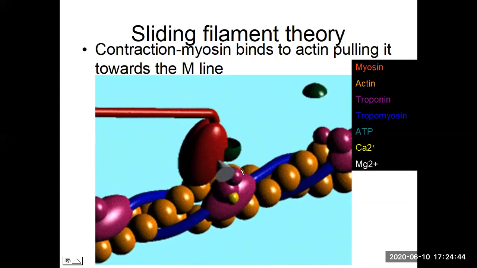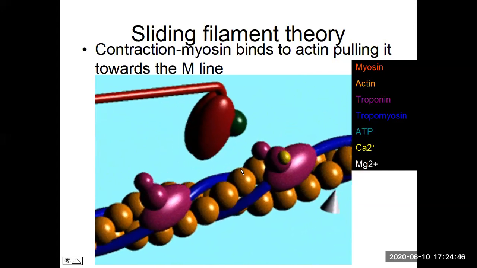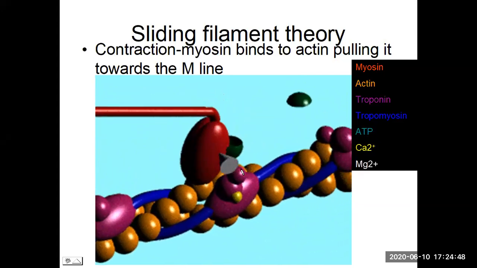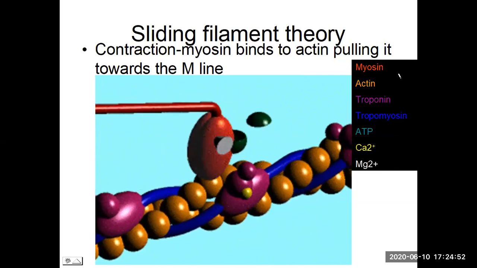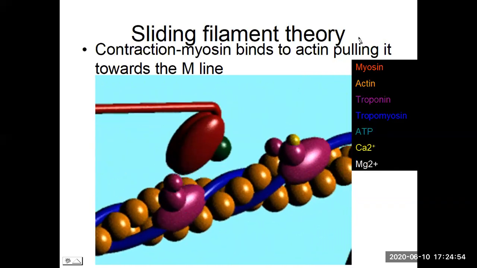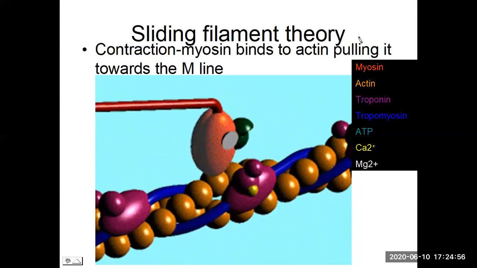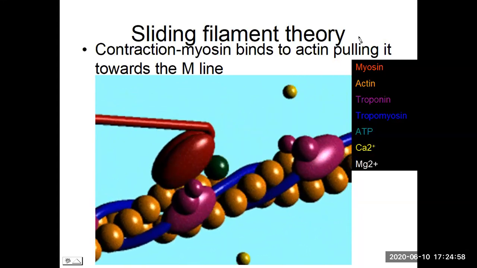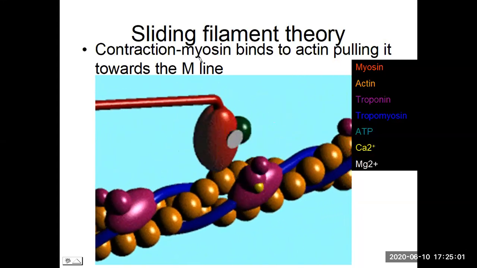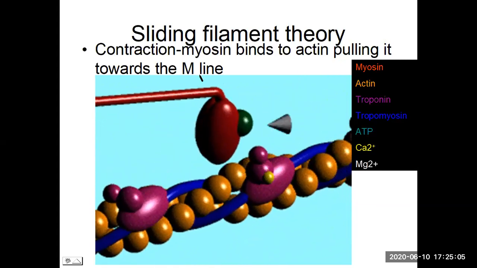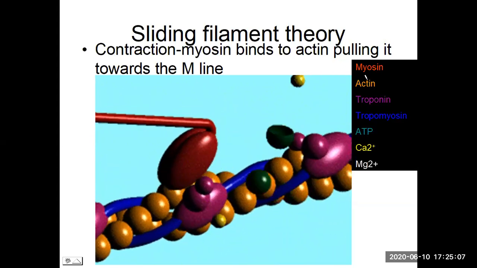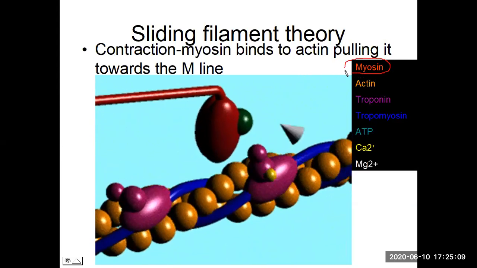And here's just a nice animation putting these parts together. So we'll go through this. You notice the color coding here on the side. As our sarcomeres are contracting, again, truly what's happening is the myosin is attaching onto the actin, pulling it towards the M line. And we notice here in red, here's our myosin molecule.